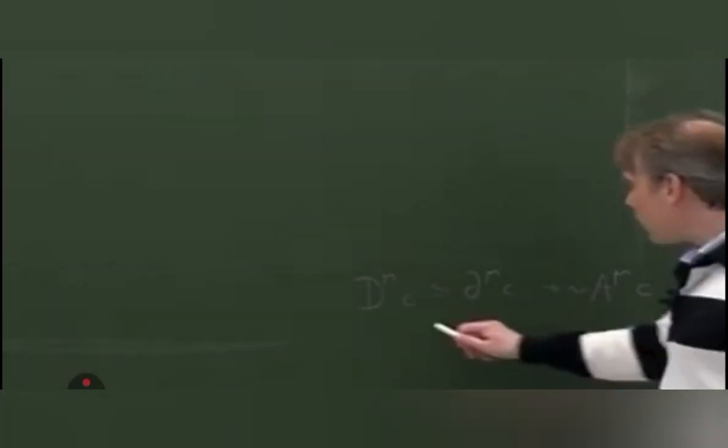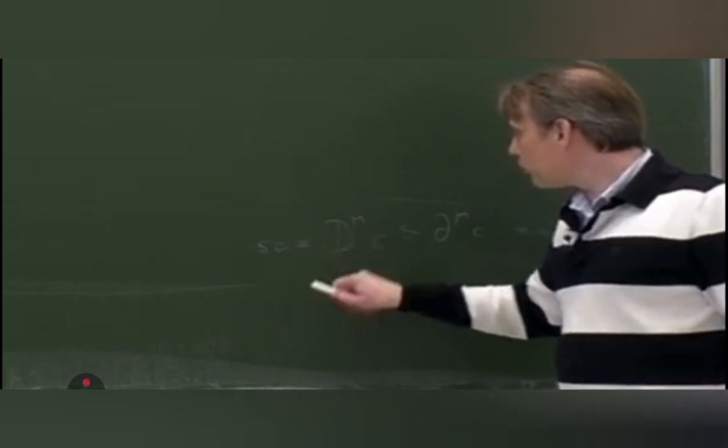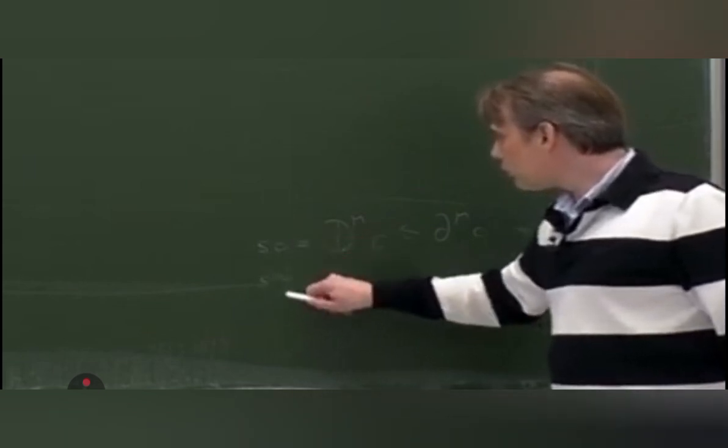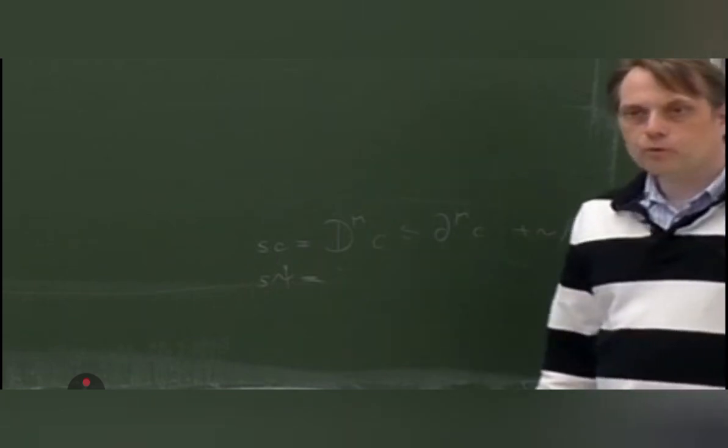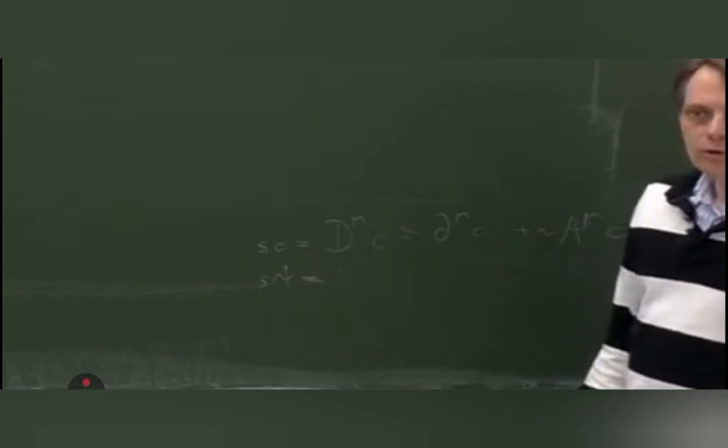For example, let's briefly, so that is the BRS transformation of c. What is the BRS transformation of a quark field, for example? How does it look like? It's an infinitesimal gauge transformation of a quark, where the gauge transformation parameter is replaced by a Faddeev-Popov ghost.